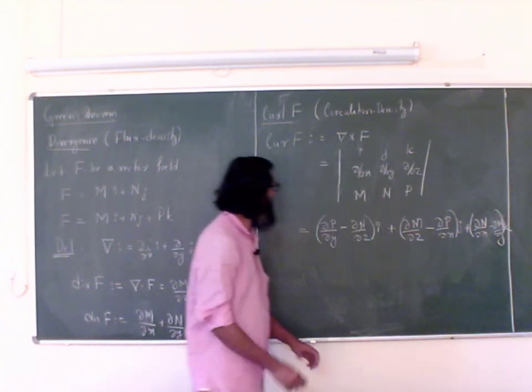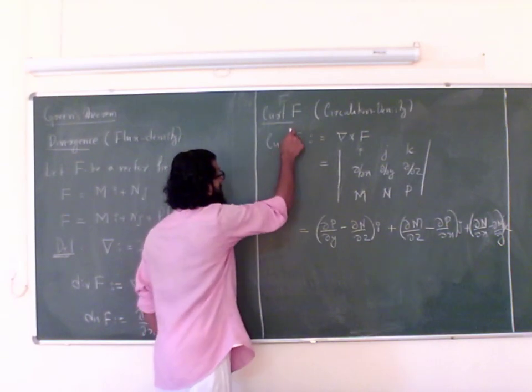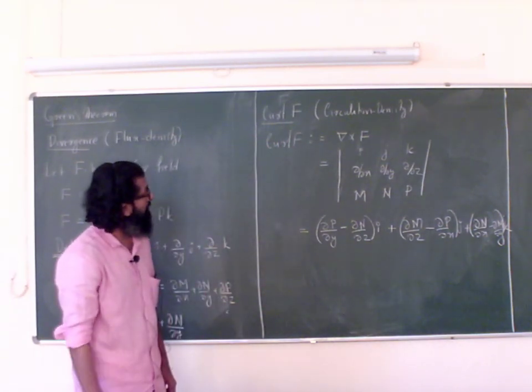So this is my curl, or circulation density.